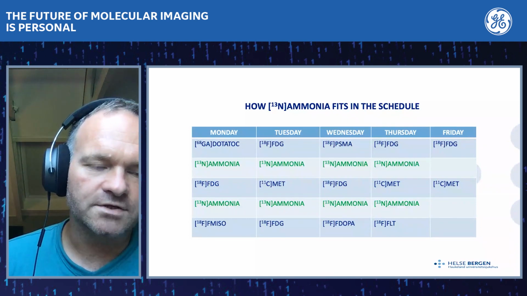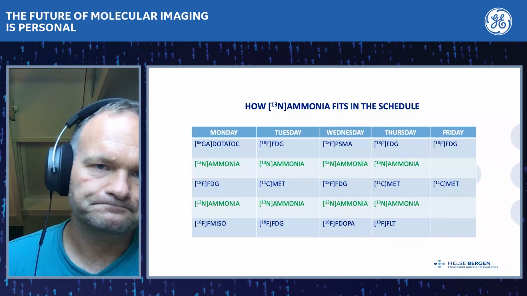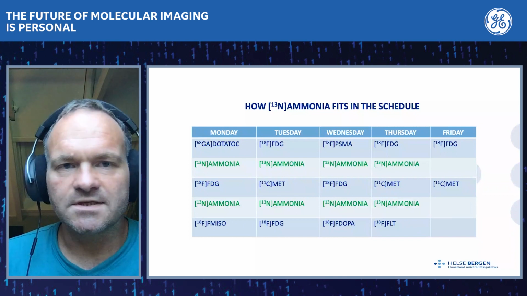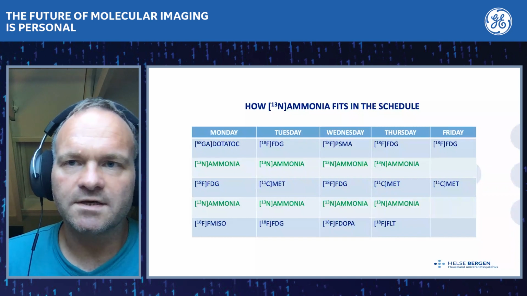So we can do patients in between different tracers and during production of other tracers as well. So this is a fairly realistic setup for our site.